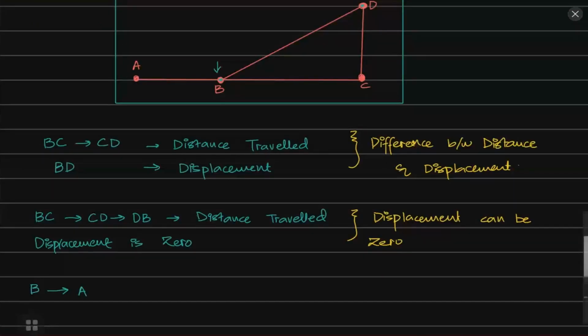Now, is that distance going to be negative? Nope. I just told you, distance can never be negative, only displacement. In this case, we say that my displacement is negative because my object is traveling in the opposite direction.